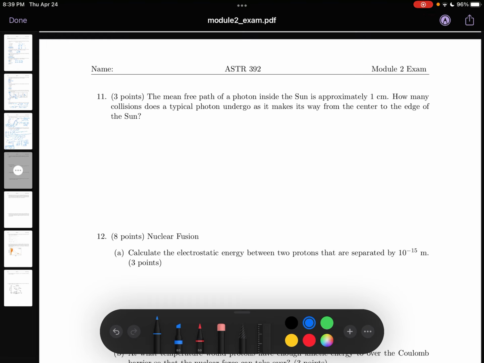Okay, 11 is pretty quick. Let's do that. The mean free path of a photon inside the sun is approximately 1 centimeter. So our mean free path is 1 centimeter, 0.01 meters. And then how many collisions does it take to go from the center to the outside of the sun? So the photon is doing this random walk out and then it is free to fly.